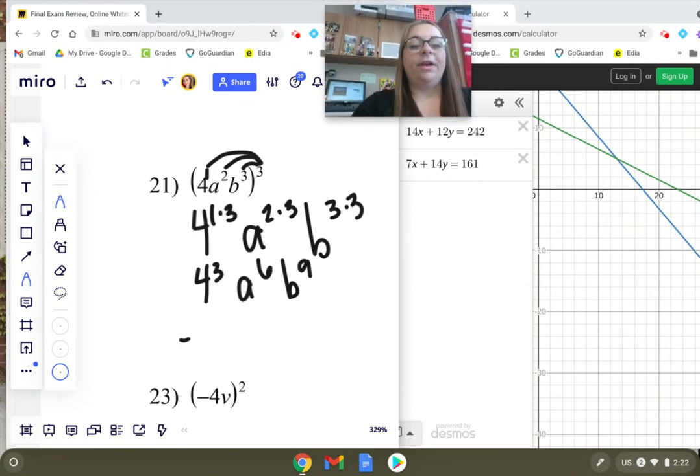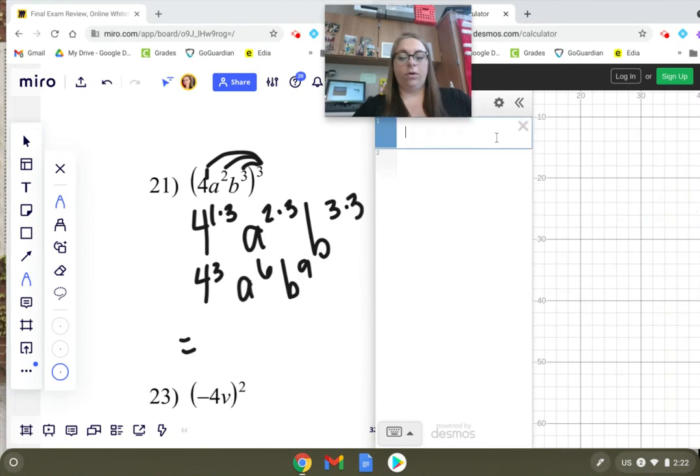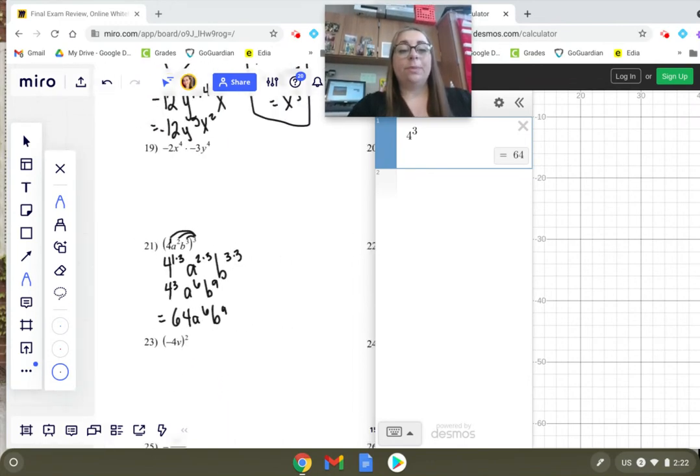But I want to find out what that 4 to the 3rd power is. So in our calculator, I'm going 4 to the 3rd power, which gets us 64, a to the 6th, b to the 9th. So again, that rule we used was power to power. So if I have x to the 2nd, taking it to the 3rd, multiply.